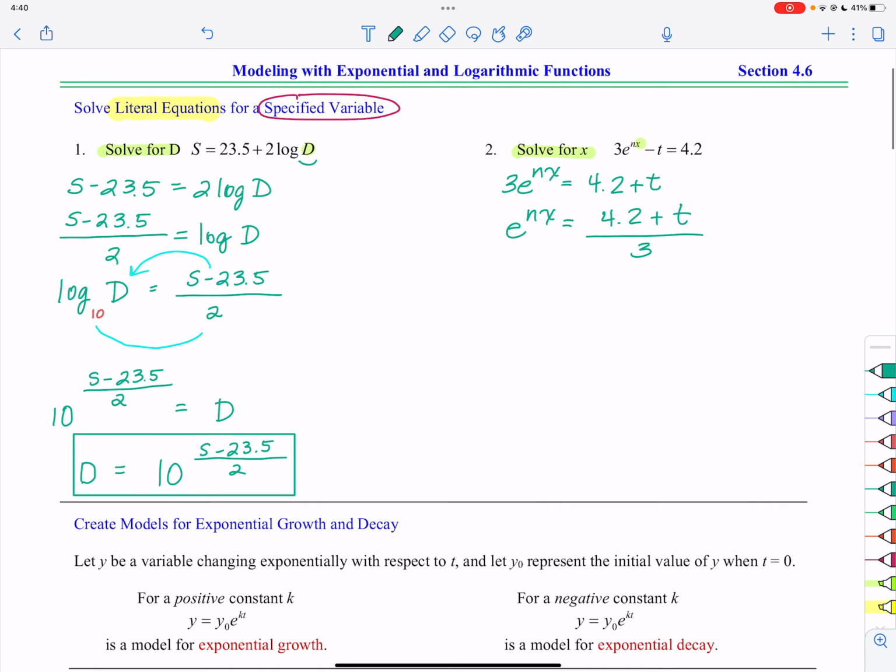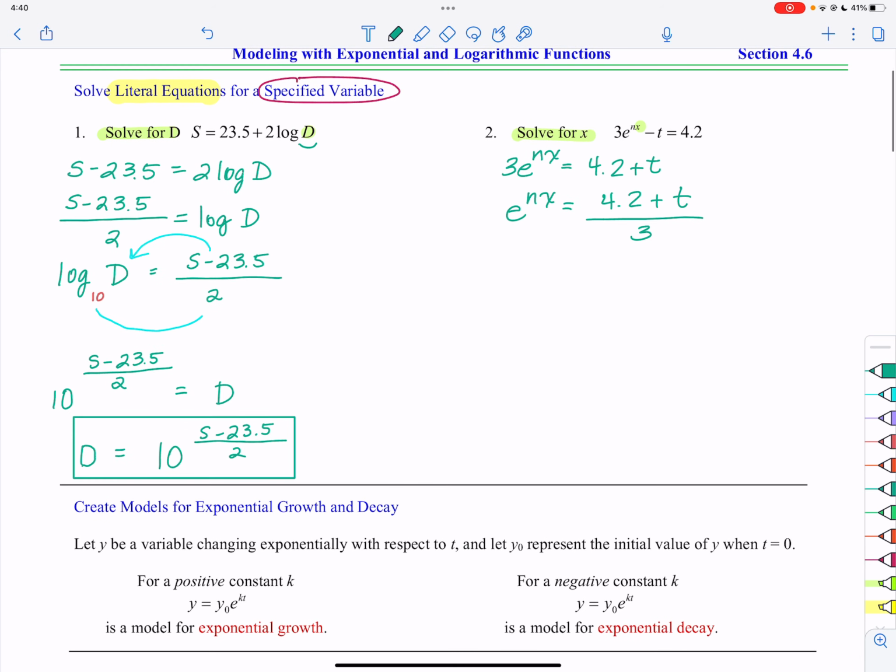Now we know that if we take the log of both sides, or we go into log form, then we can get this x down to where we can solve for it. So you could think of going into logarithmic form, or you could think of taking the natural log of both sides.